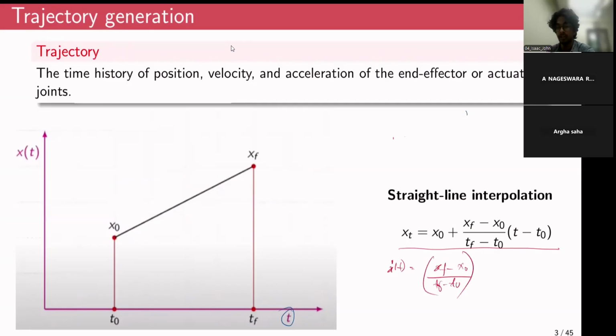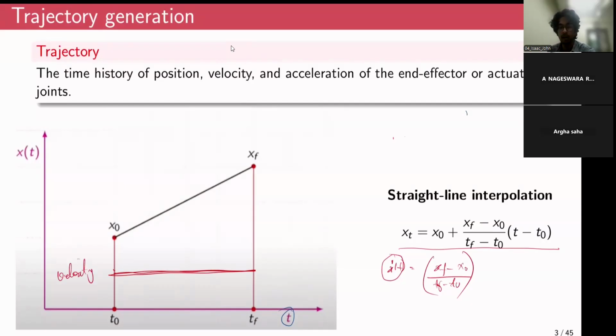It'll basically be a constant, whatever the time, your velocity would be a constant. In essence, if you take the derivative of a linear equation, its derivative would be a constant, right? So if you plot the velocity along the time axis, the curve of velocity would look something like this. This will be your velocity.